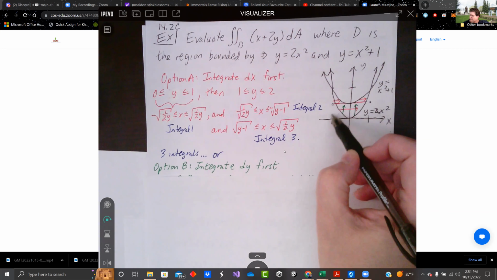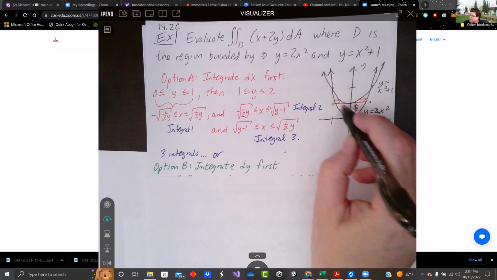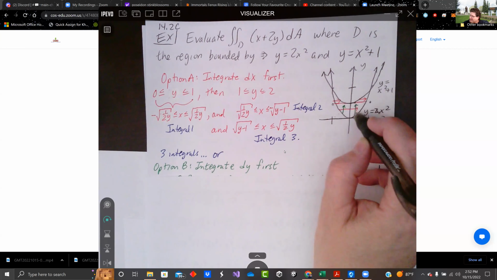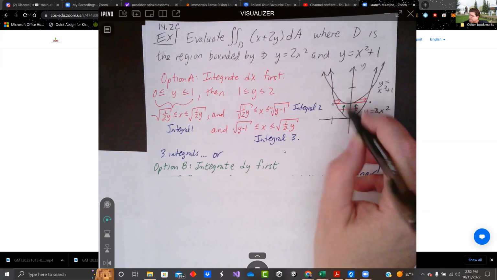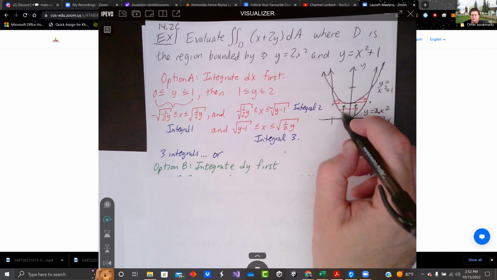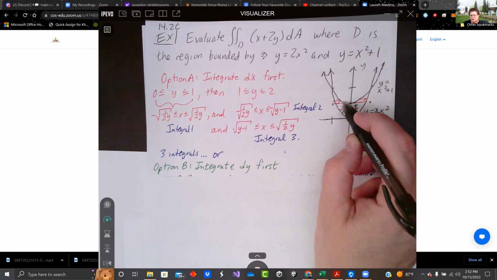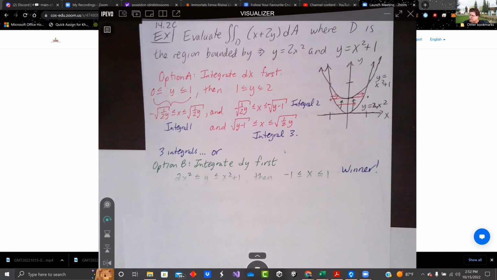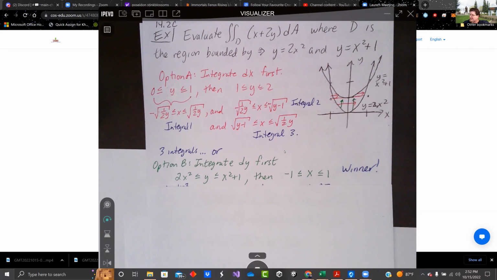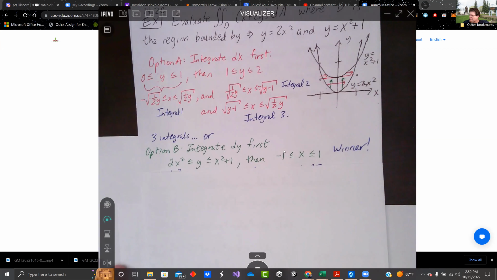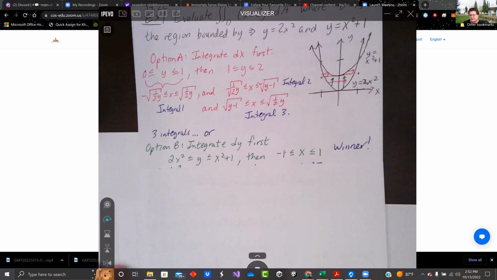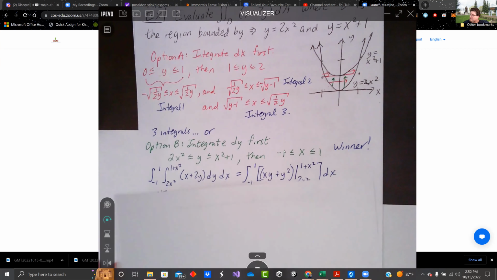No matter where I go, we're doing y first along any column of x, and no matter where I'm going upward, it's the same lower function to the same higher function. So we're going from 2x squared up to x squared plus 1, and we've got our x's bounded by negative 1 to positive 1. Let's go with that one.